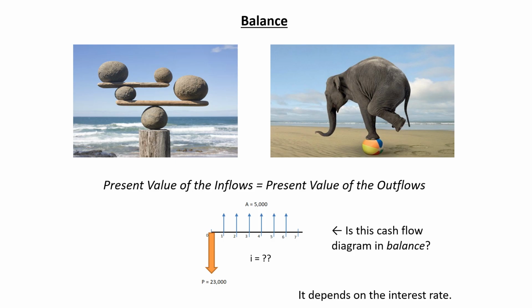So let me just write on the whiteboard here a couple of things. P is 23,000, A is 5,000, and we don't know the interest rate.